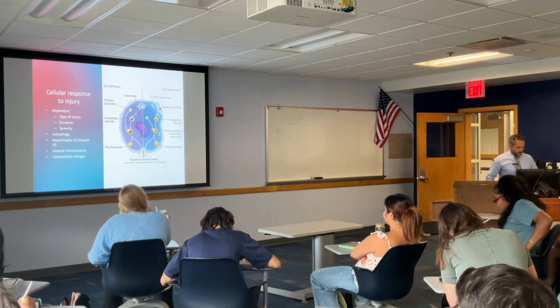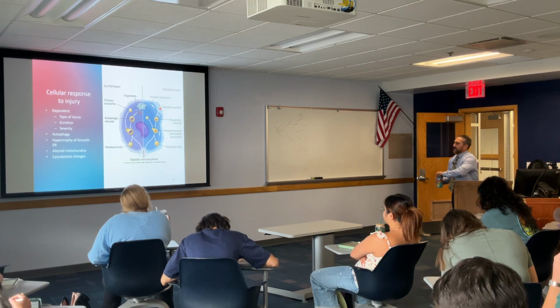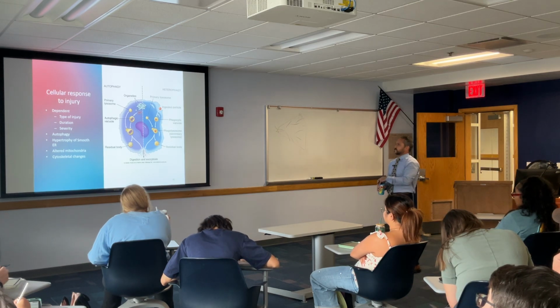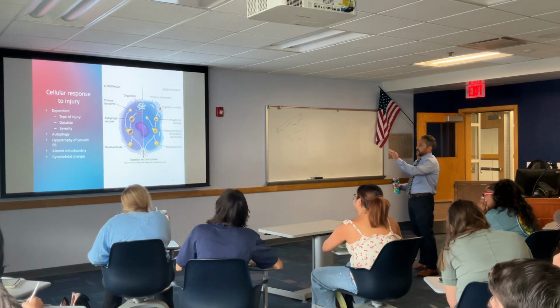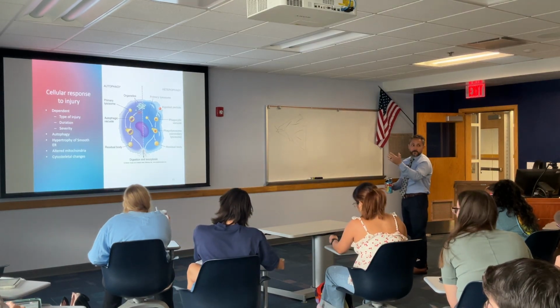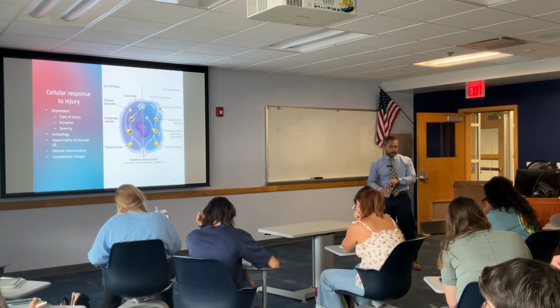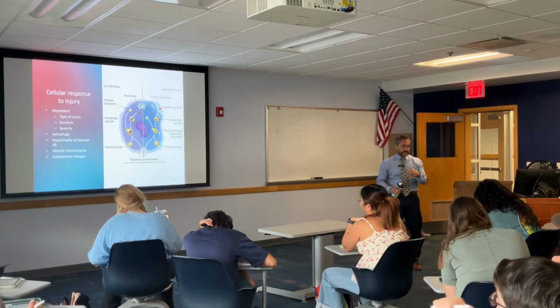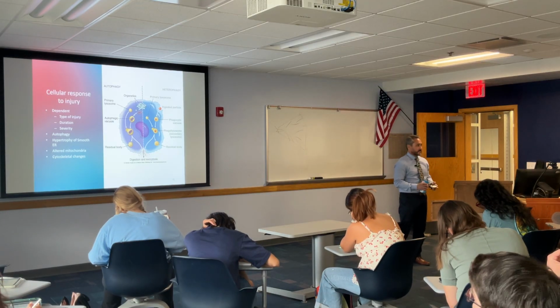Now, when we look at cellular response, there's a couple of different things on this slide. This is an atypical cell, cut down the middle, for example's sake. On the left side is an autophagic response in that cell, and on the right side is a heterophagic response in that cell.